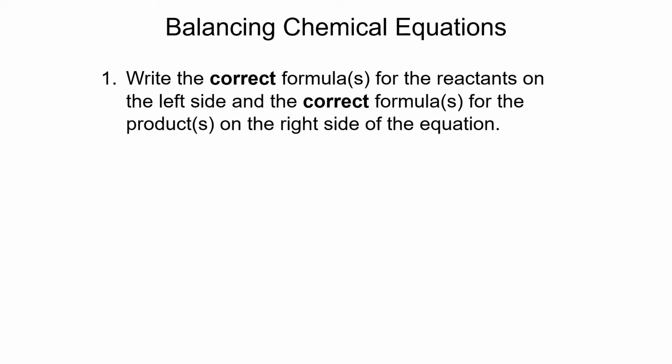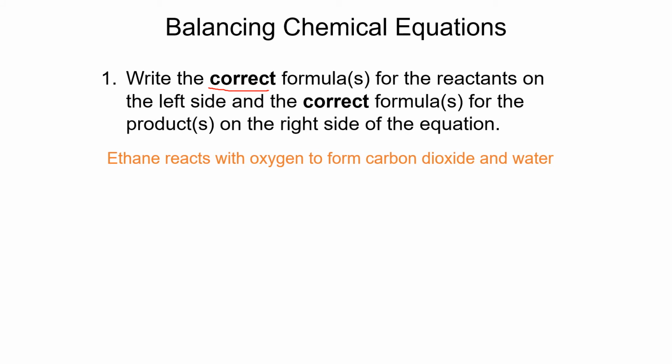The first thing you need, number one, is the equation. We need to write the correct formulas for the reactants and the products in an equation. Reactants on the left, products on the right. For example, ethane, if you were given a word problem, reacts with oxygen to form carbon dioxide and water.